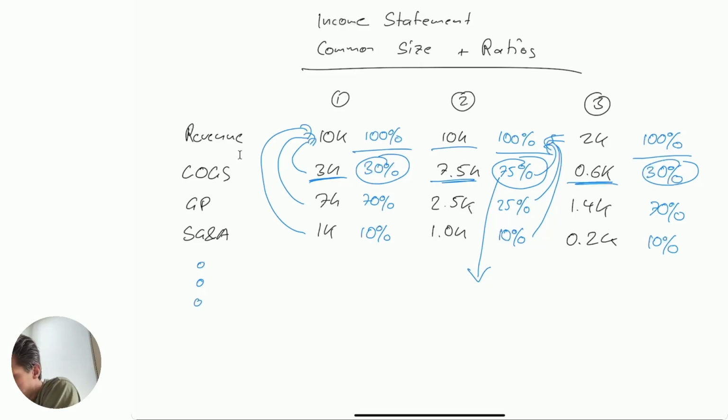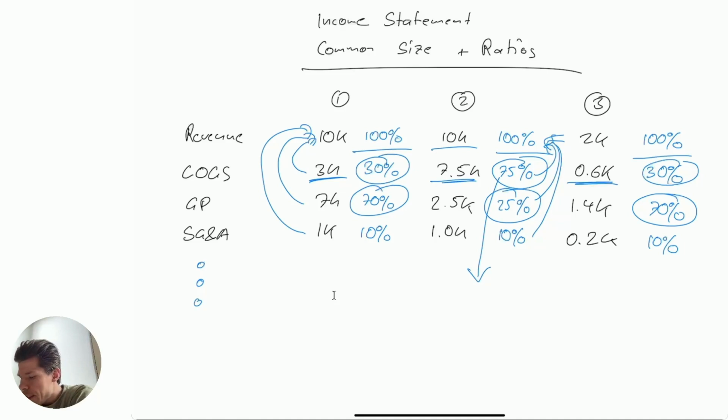You can also look at gross profit. The profitability is way lower for company 2, only 25% compared to company 1 and company 3. From an SG&A perspective, it's quite similar across the three companies. So it gives you way more insight into analyzing the company.